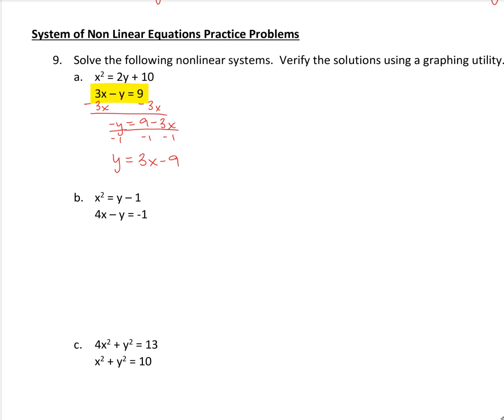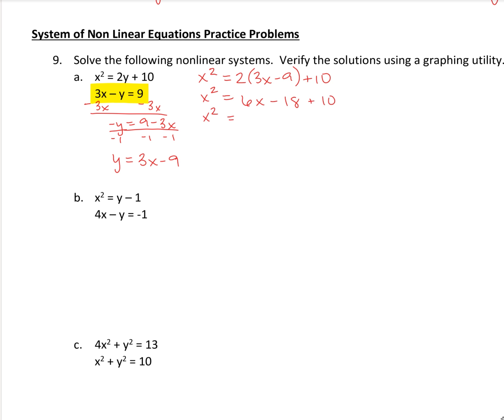This is the one we're going to plug into our first equation. So we have x squared equals 2, and remember, replace that y with our 3x minus 9, and then our plus 10 at the end. If there's a constant at the end, it has to be in there too. I distribute the 2 to get x squared equals 6x minus 18 plus 10.